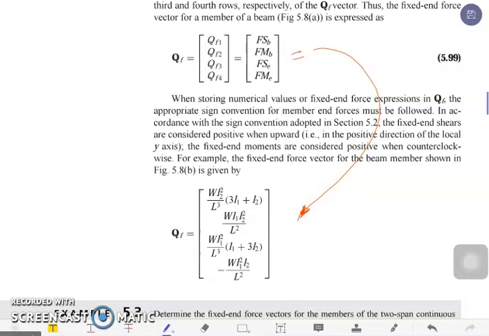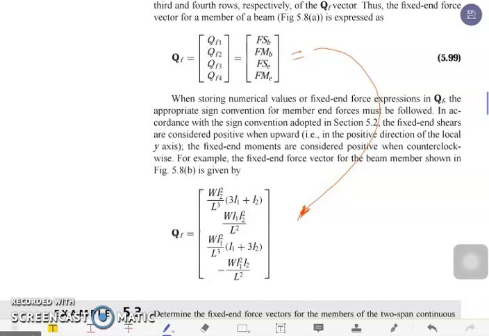We have to identify our capital W. As mentioned, capital W is the concentrated load acting on the member of the beam, because we're talking about per member. And our I is the moment of inertia of the member, and capital letter L is the total length of the beam.